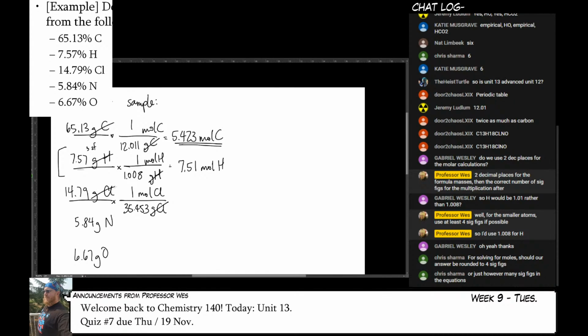I'm just writing a bunch of sig figs for these molar masses because these are the numbers I have memorized. It takes me more brain power to actually not write the last number. 0.4172 moles of chlorine.